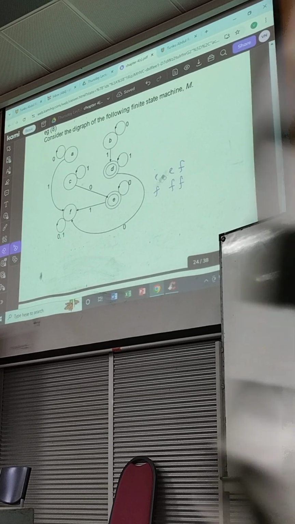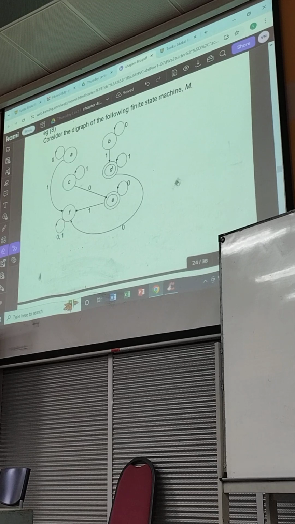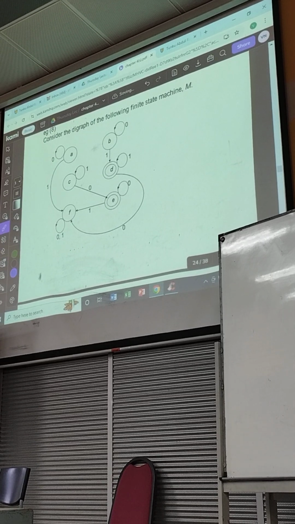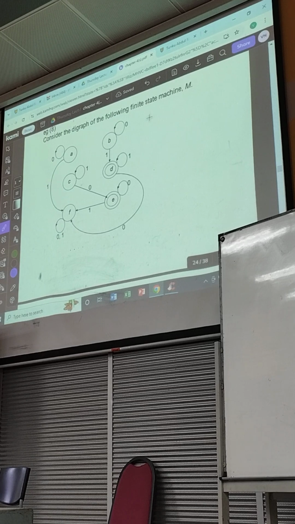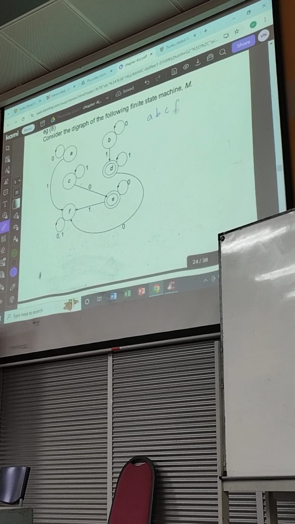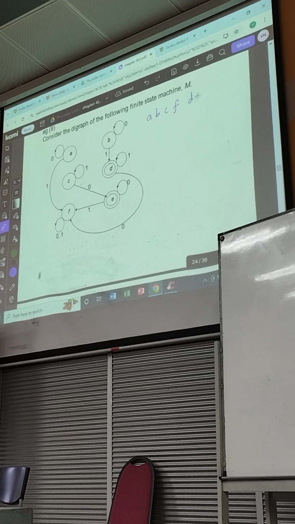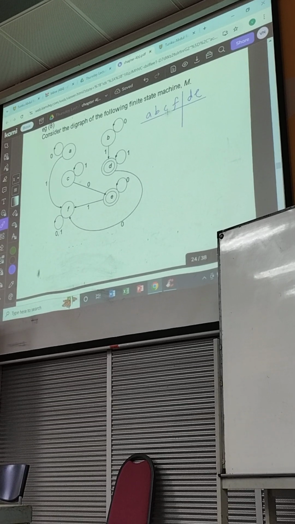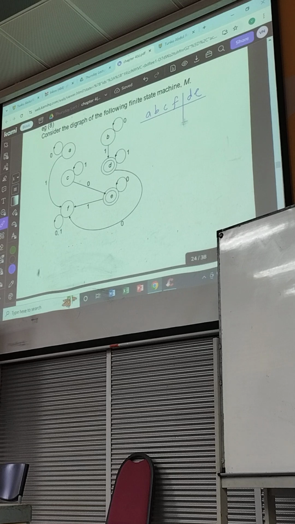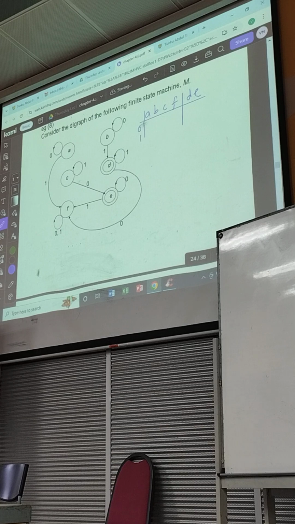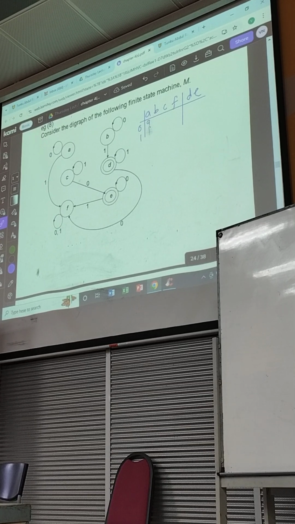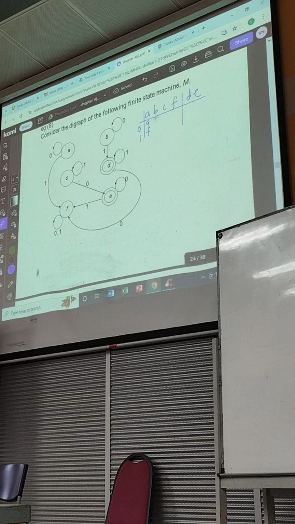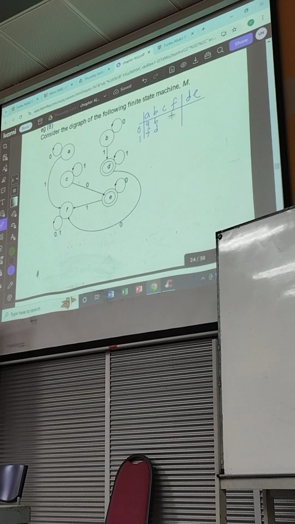I write here because I want to refer to the diagram. So A, B, C, and F will be in one class, and D and E will be in one class. Then we just fill in on it. A is AF, B is BD, C we have EC.